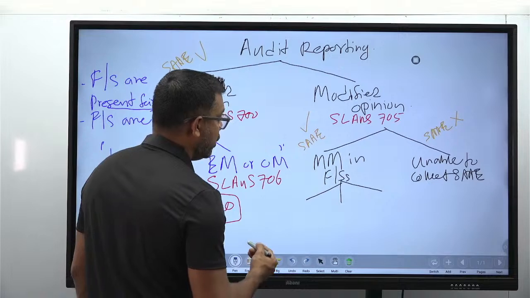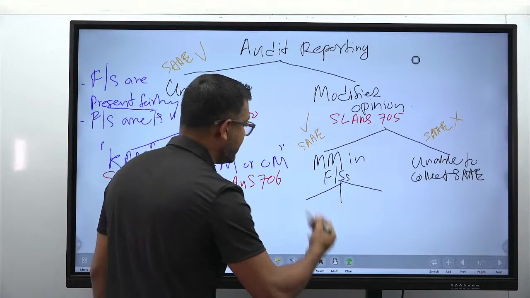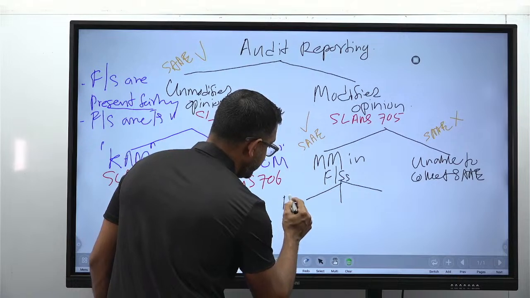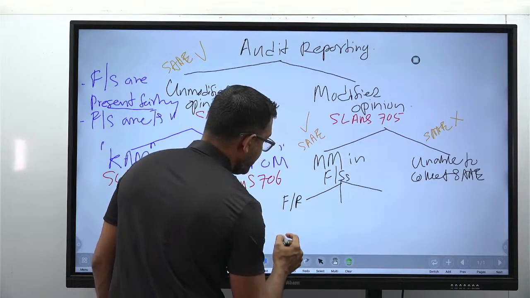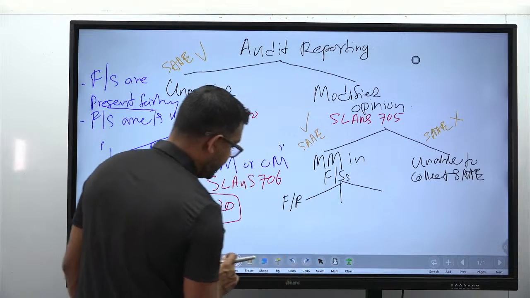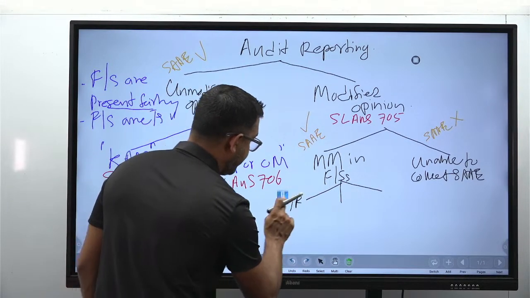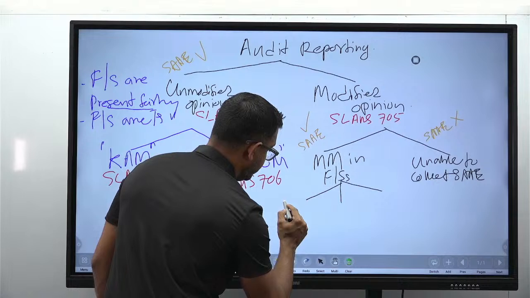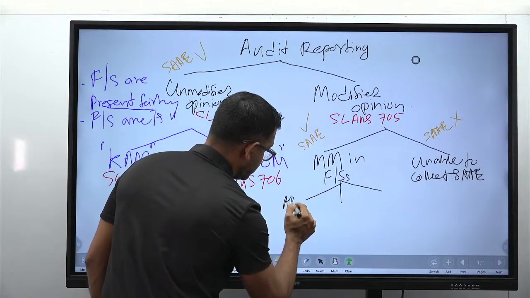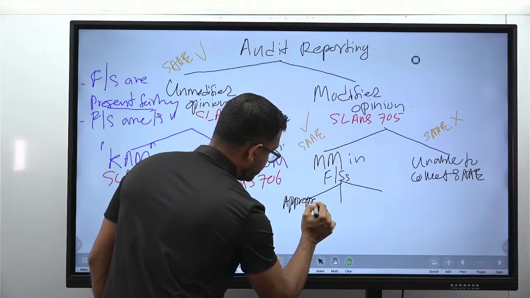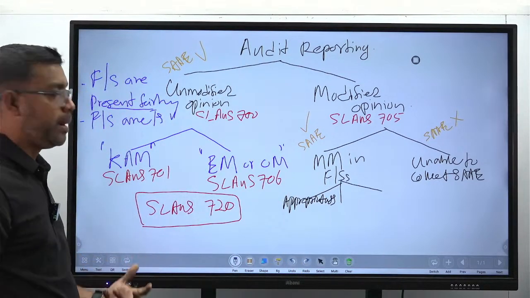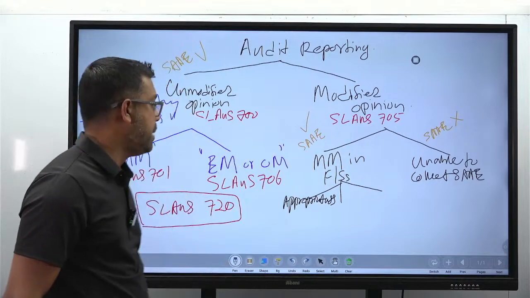Something wrong with the appropriateness of the selection of the standard, right? Financial reporting standards are not appropriate. That's why you have ended up with material misstatements.